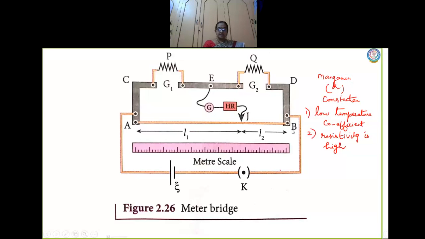So I can write now, let me go to the next page. P by Q is equal to R by S. Now what is this R? R is R dash into AJ and S is R dash into JB.